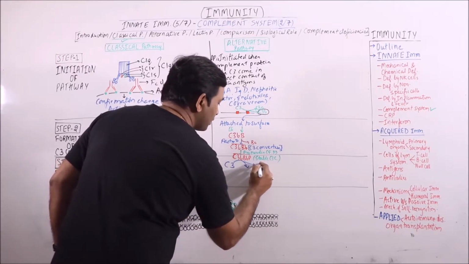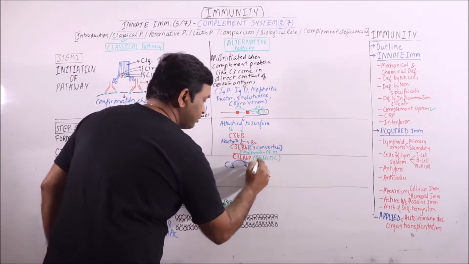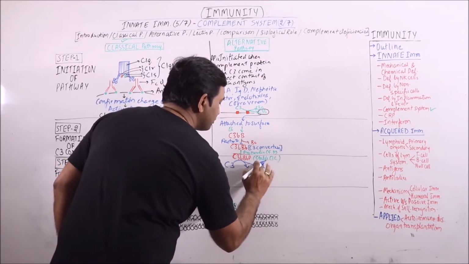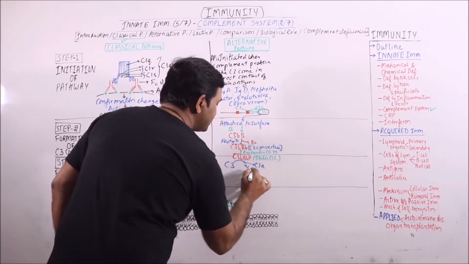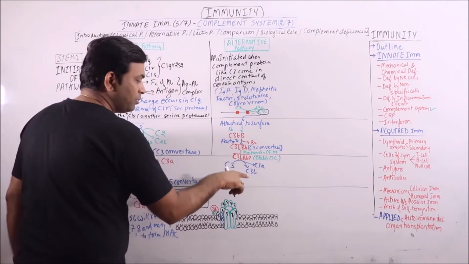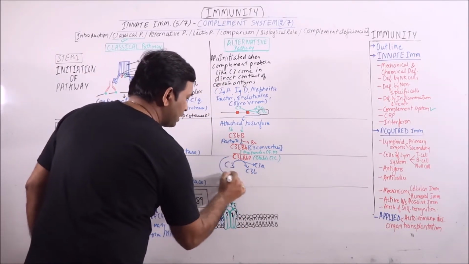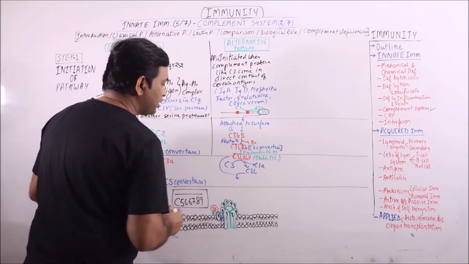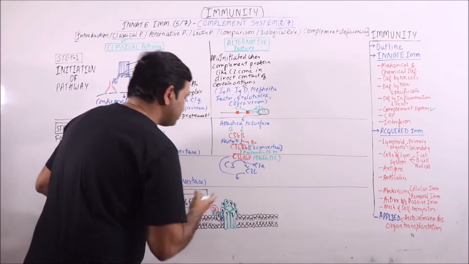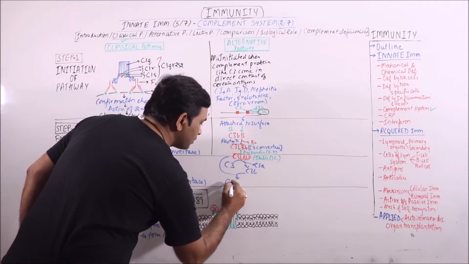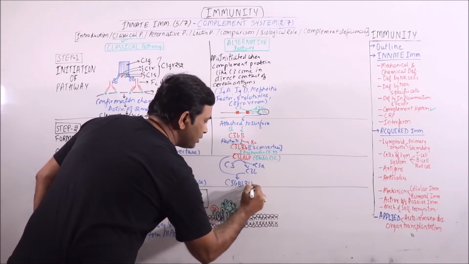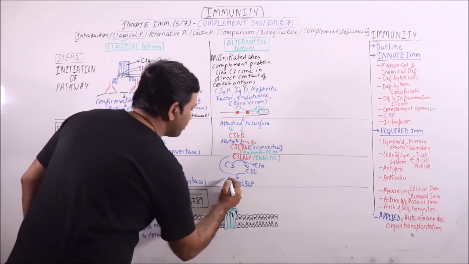Now, when C3 convertase is formed, it will result in lysis of C3. Another molecule of C3 will be lysed and C3a will be released, while C3b will be formed, which will combine with the C3bBbP complex to form C3bBbP with another C3b, the C3bBbP complex.